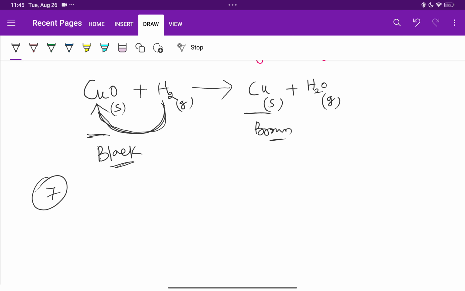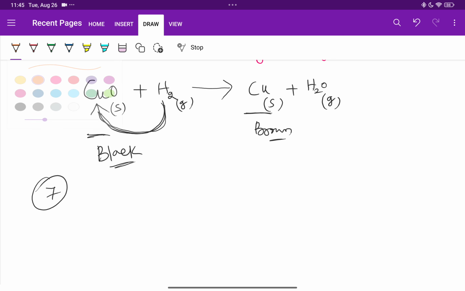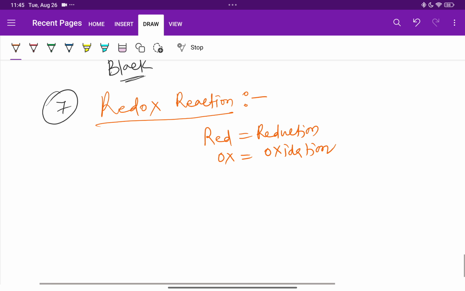And last but not least, the seventh one, redox reaction. Redox reaction is nothing but reduction and oxidation. So what is the meaning of it?